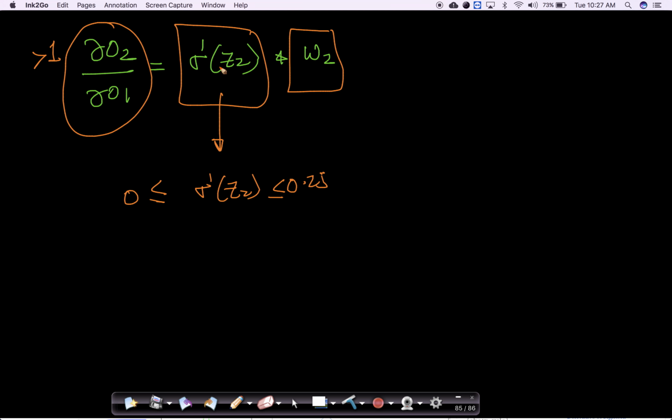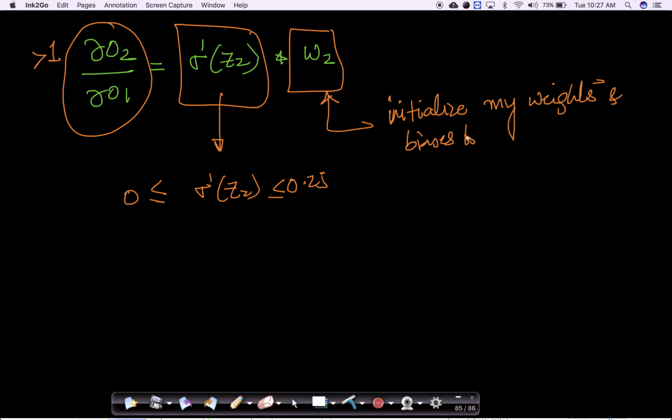So this is never greater than or equal to 1. But this can be greater than 1, because this is just a weight. So I can initialize my weights and biases to any value I choose.